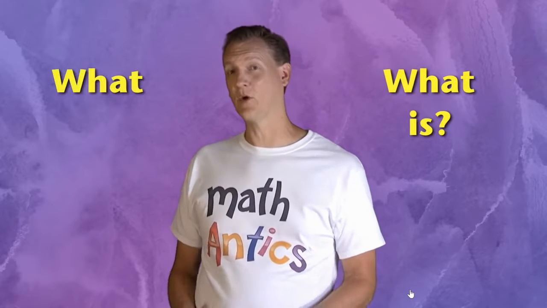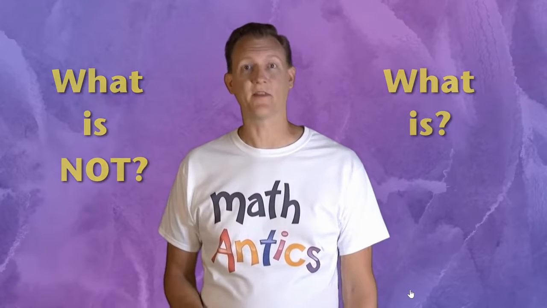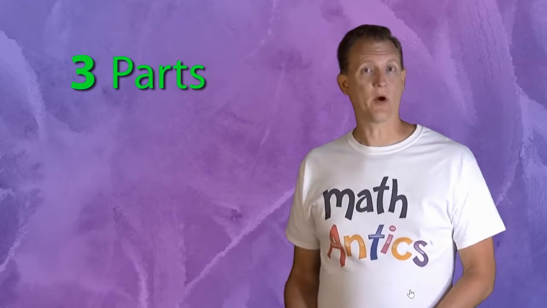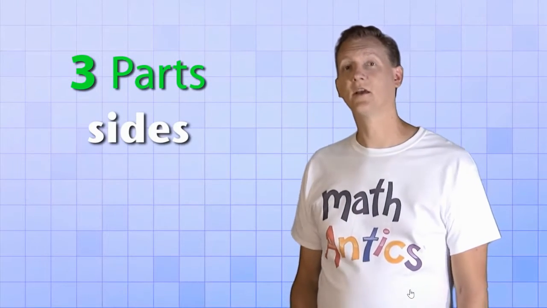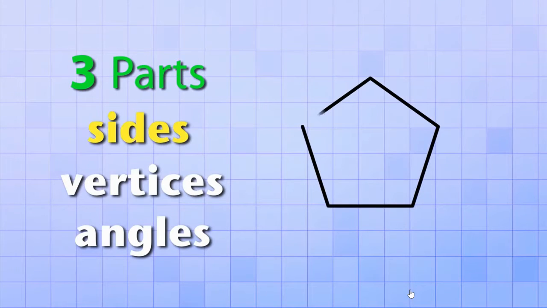Okay, so that's a basic definition of a polygon. But to really understand what is a polygon and what is not a polygon, we need to learn about the specific properties that all polygons have in common. First, we need to know the three parts that make up all polygons. And these parts are sides, vertices, and angles. The sides are just the straight line segments that make up a polygon.